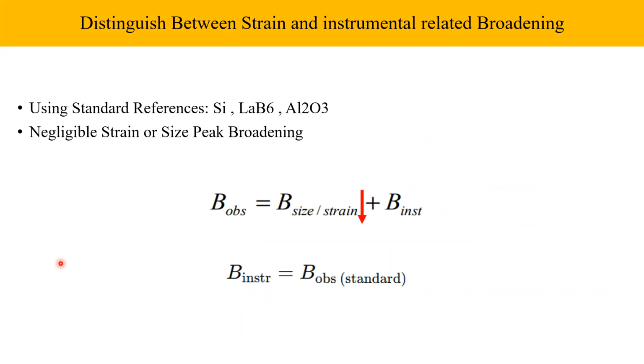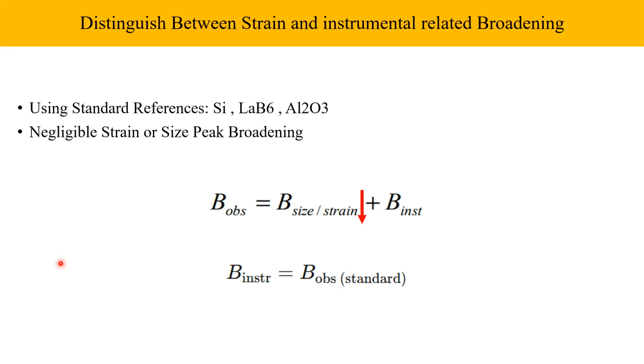But if we want to distinguish between strain and instrumental-related broadening, we have to use standard references. Why do we use standard references like silicon or lanthanum hexaboride? Because there will be negligible strain or size peak broadening.